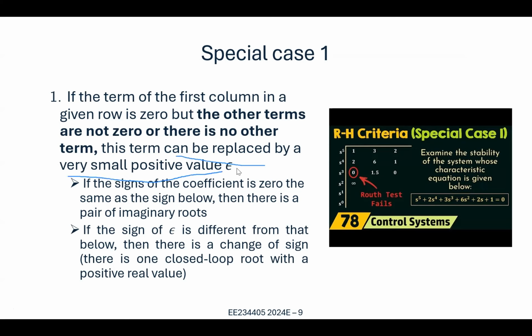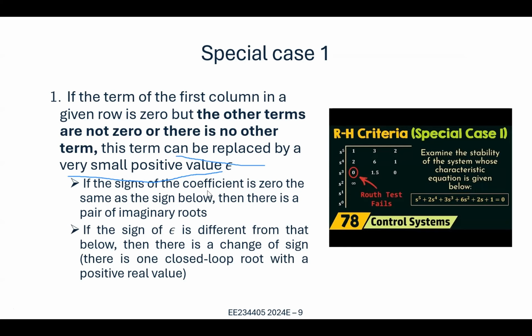So this means that, okay, we arranged the coefficients already, and if the term of the first column here is 0, but the other terms are not 0, we can just replace this by a small positive value epsilon.